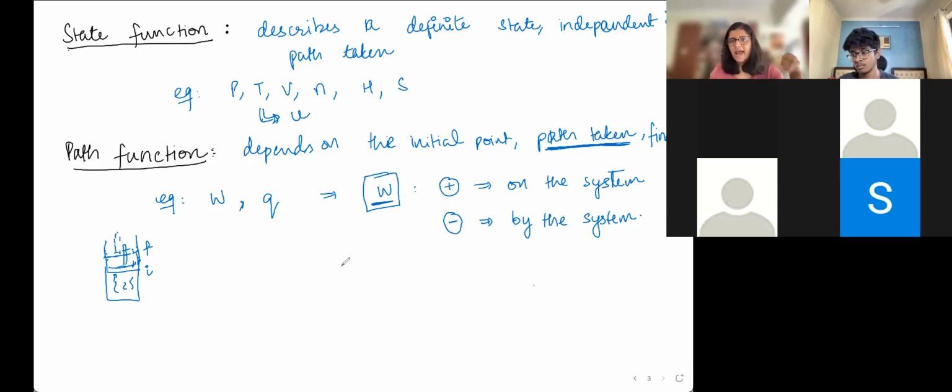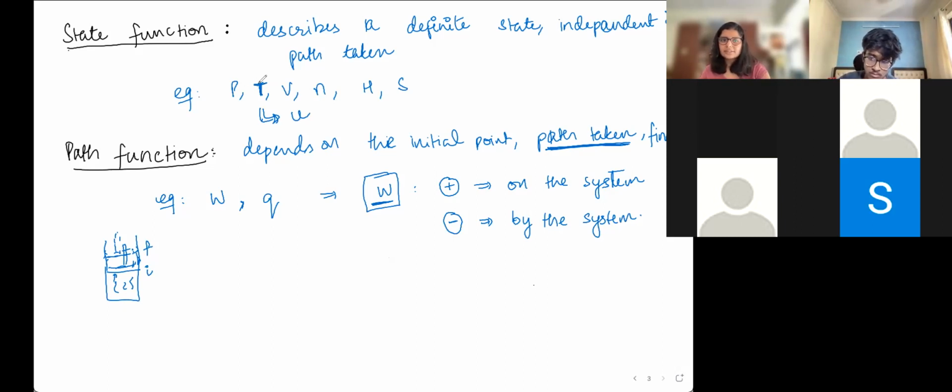But if I add heat, whether I take off heat, for the temperature, it doesn't matter how I've taken out the heat, whether I've cooled it down or whether I've done work on the system, whether I change the pressure or the volume, all of that doesn't matter. Initial temperature is one, and then I did some process, final temperature is one.